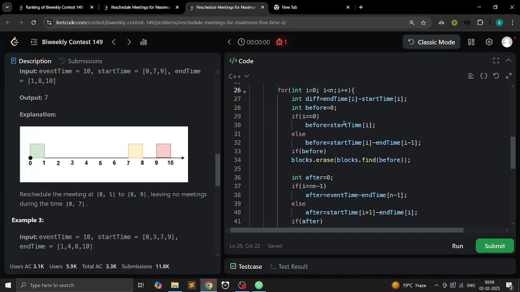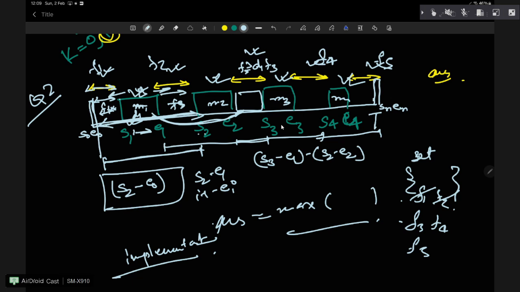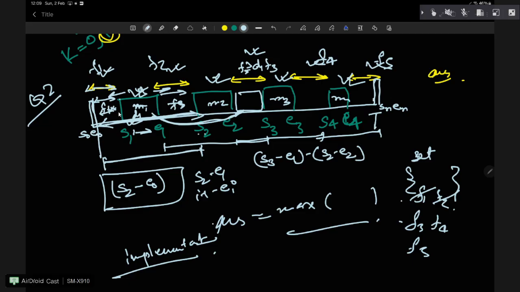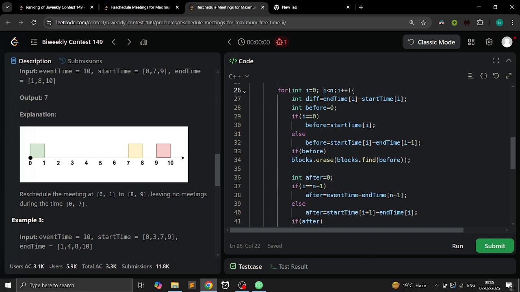If i is 0, then the free block would be the start time of i. If it is not the first block, then it would be the start time of i minus the end time of i minus 1.